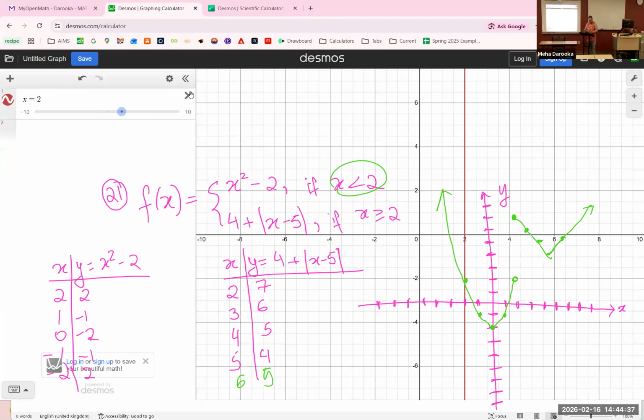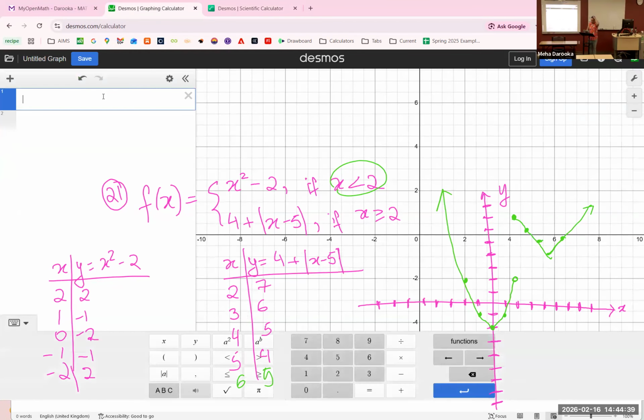Okay. So our first piece is x squared minus 2. Trying to remember if this is how we do it.